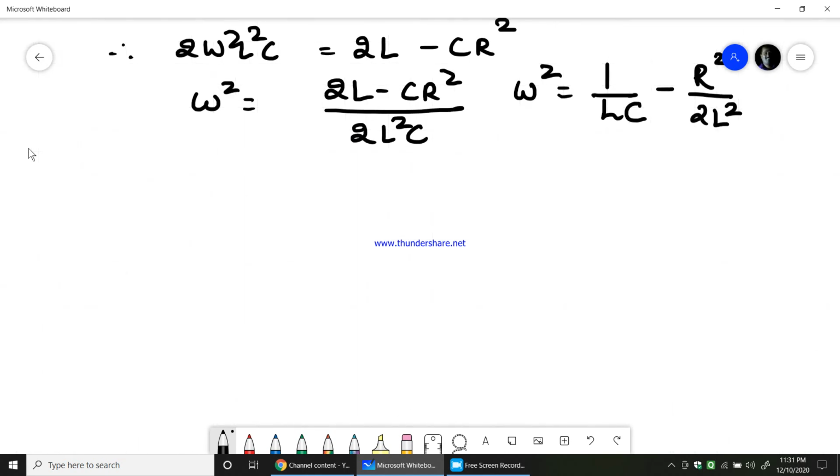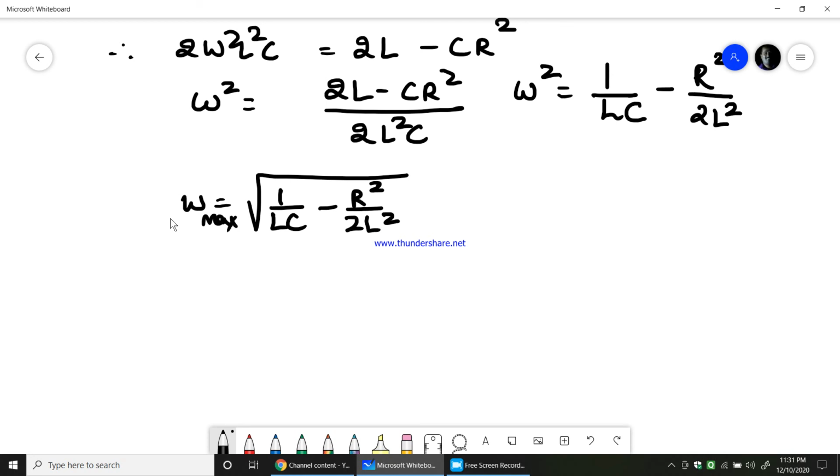Therefore omega is equal to the square root of 1 over LC minus R square by 2L square, and this would be omega max, because this omega was derived when the voltage Vc is differentiated in terms of omega and equated to 0.